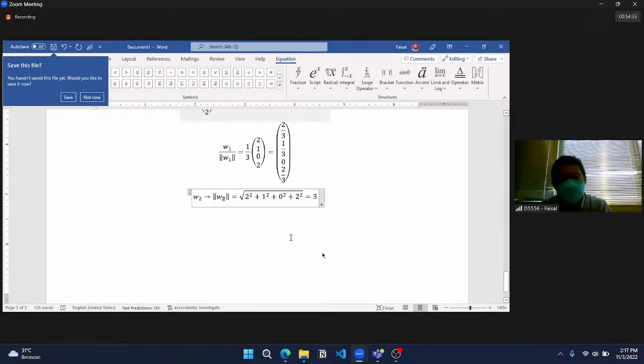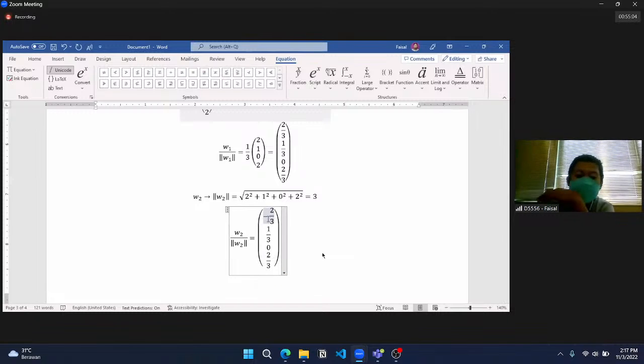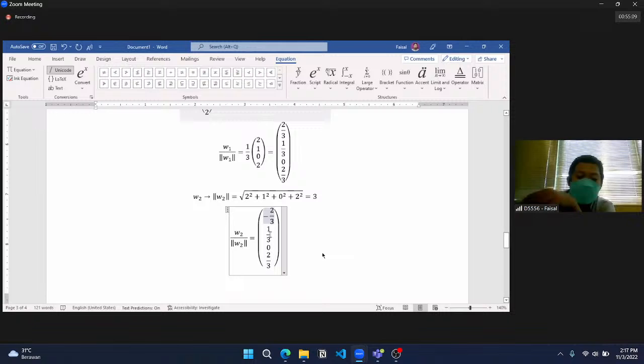The norm of W2 is also 3. We divide the vector W2 by its norm, and we get this one, but in the first column we put minus 2/3. Okay, this is the normalization of W2.